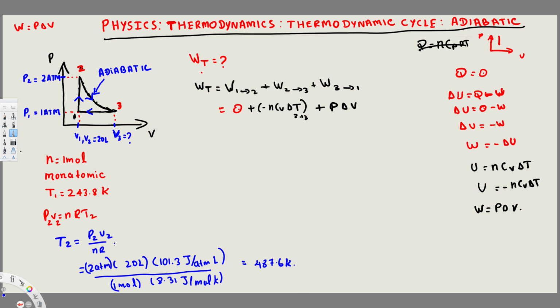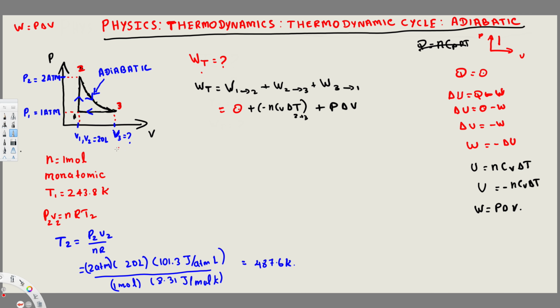Since we have T2, but we also don't know T3, we have to calculate that too. Let's see whether the ideal gas law works. Do we have P3? We have P3 because pressure is constant. P1 and P3 are the same, 1 atm. Do we have V3?